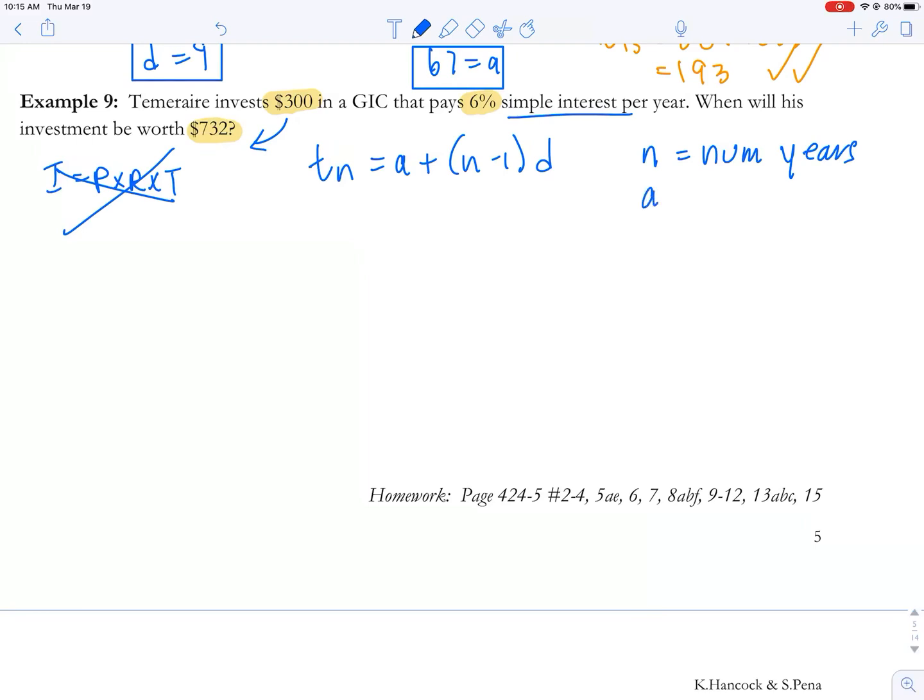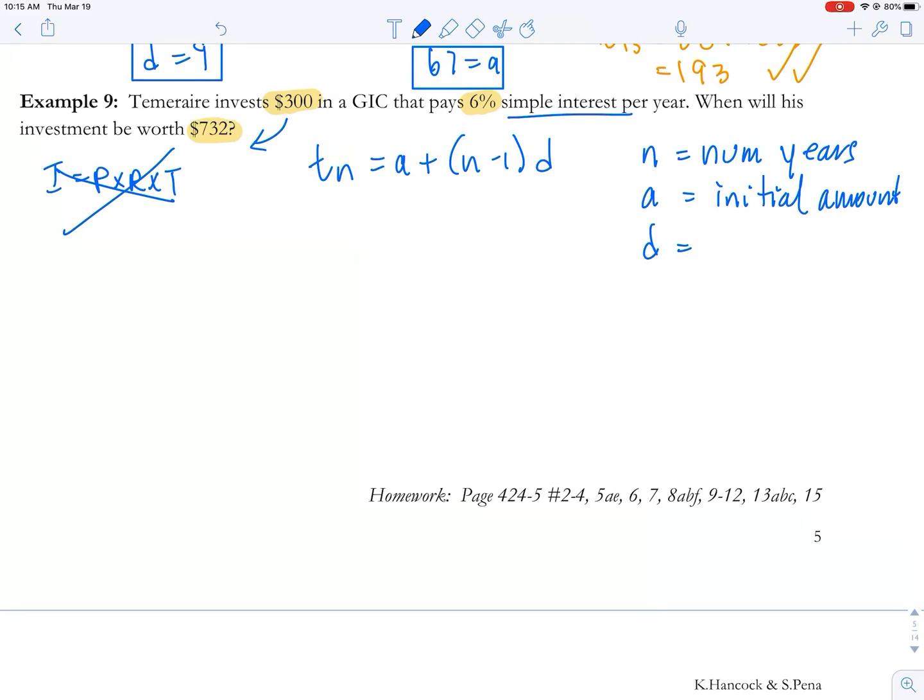A is going to be our initial amount. D is going to be how much it grows by each year. And this is where we are going to have to use the I equals PRT.